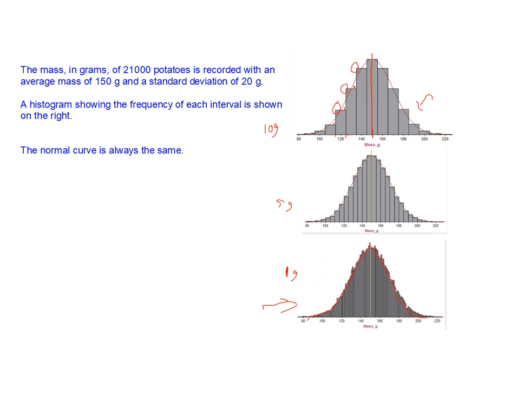You wouldn't want an interval size for each potato. Say if we had 21,000 potatoes, we wouldn't want 21,000 intervals because that would look very bizarre. So that's important to keep in mind: although shrinking the interval size can help, there is a limit to how much we want to shrink.